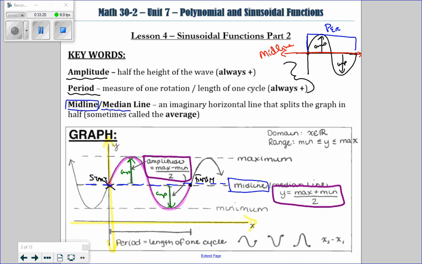So if it's not divided in half, I know I've got the midline drawn in the wrong spot. I don't need to use formulas. I can just look at it and know. And then we still have the length of the period running from here to here.